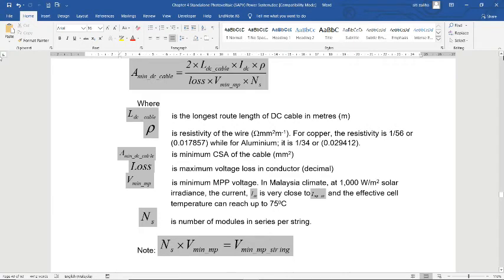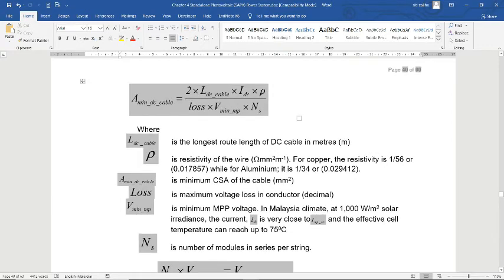The DC current from the PV module is multiplied with rho. Rho is the resistivity of the wire. If the wire is copper, the resistivity is 1 over 56, or 0.017857.